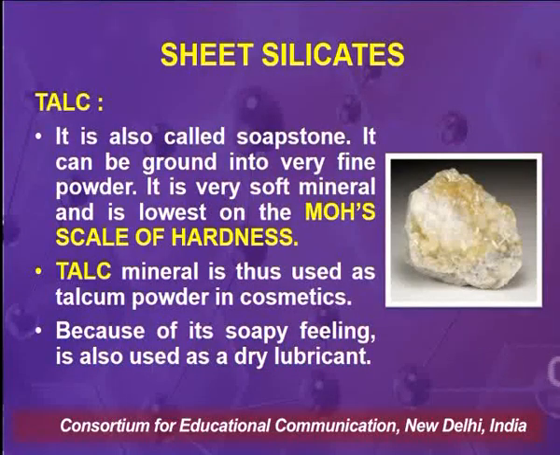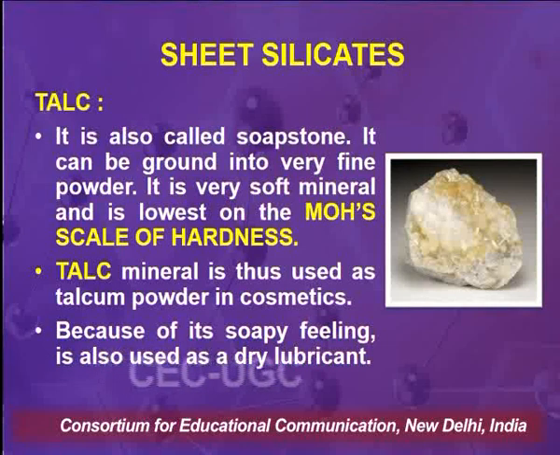Talc, which is also an example of sheet silicate, has a number of uses. Talc is also called soapstone. It can be ground into very fine powder because the forces which are holding these sheet silicates in case of talc are very weak. So, they can be ground into very fine powders, they can break easily. It is a very soft mineral, and it is lowest on the Mohs scale of hardness.